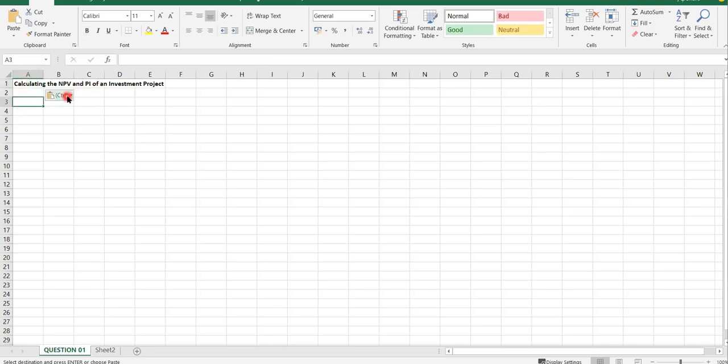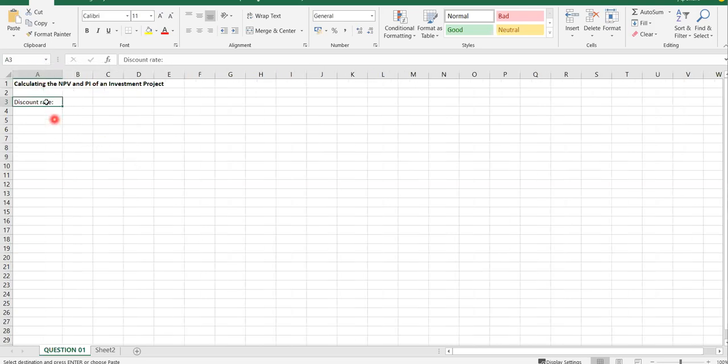And then on A3, I can put my discount rate. I'm just going to copy it here. Alternatively, you can type it. That's your discount rate. Then, of course, I can enlarge the row so that everything that I'm writing can appear properly.